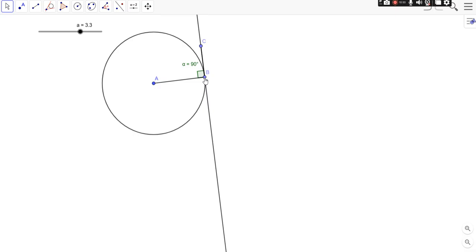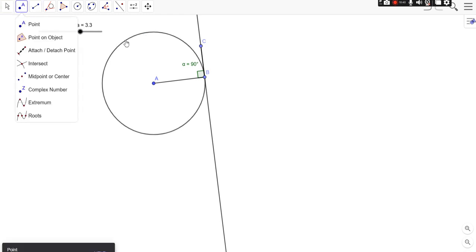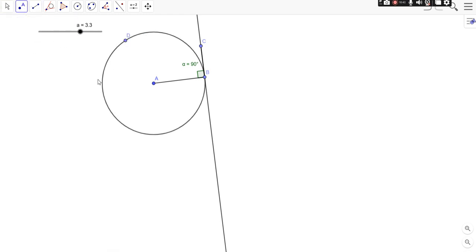This property says that if I take another point on the boundary, say point D here, and join points A and D, this becomes the radius.